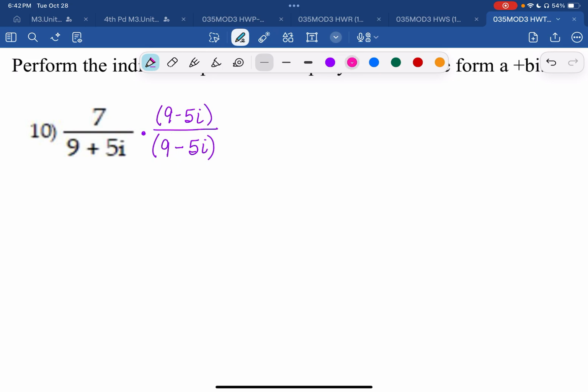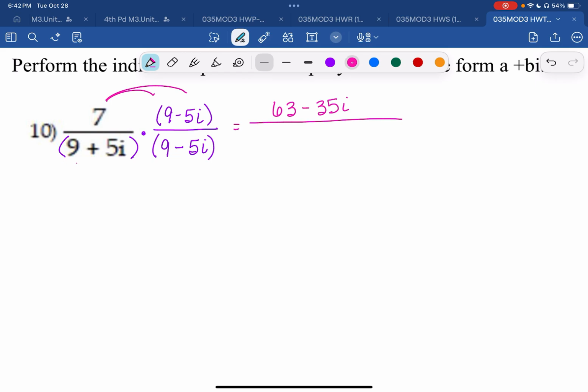So in the numerator, I'm going to distribute. So I'm going to get 63 minus 35i. The denominator, I'm going to multiply that out.